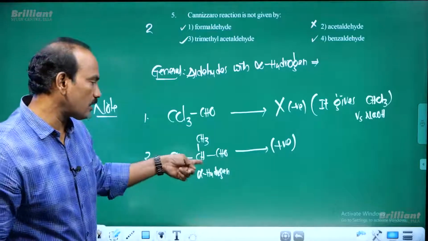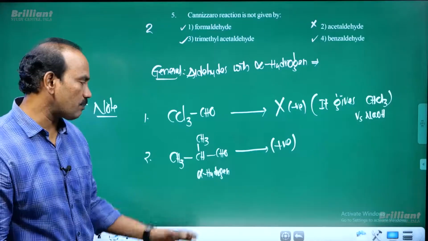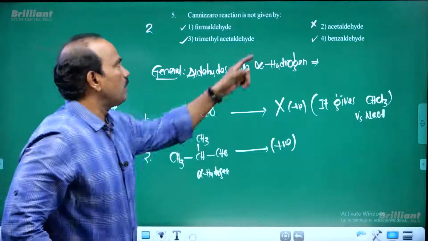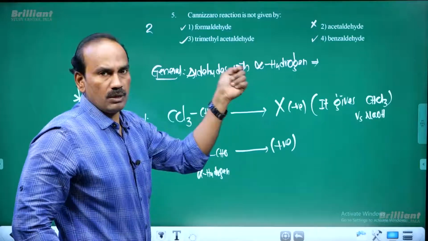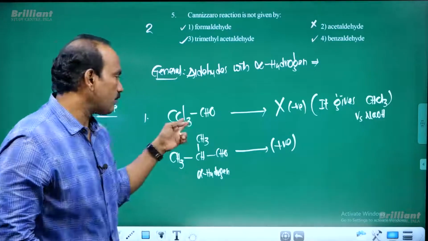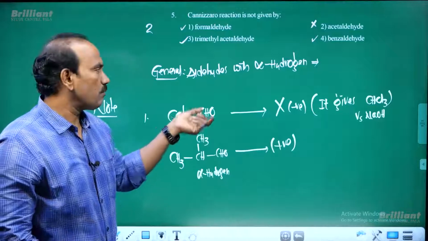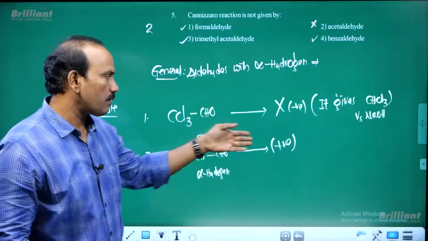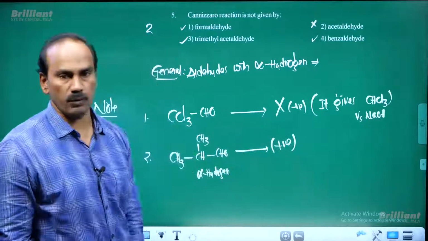Due to steric hindrance, this alpha hydrogen is not participating in the reaction. So these two are limitations. Generally, aldehydes without alpha hydrogen are involved in the Cannizzaro reaction. But the limitations are: here there is no alpha hydrogen, but it does not undergo Cannizzaro. Here alpha hydrogen is there, but it gives the positive test. These two are important. Clear?